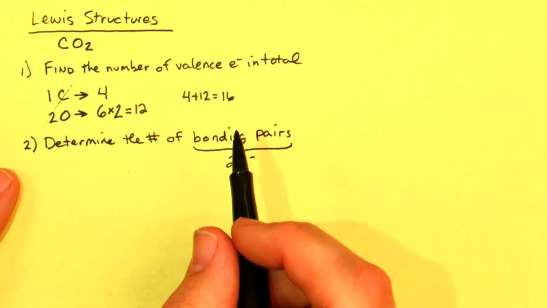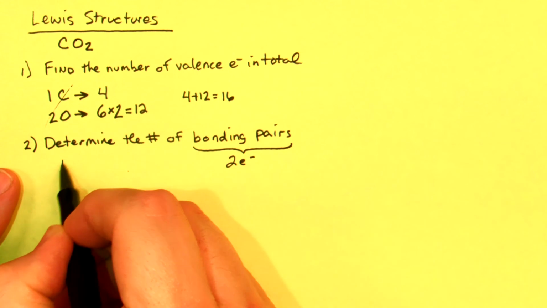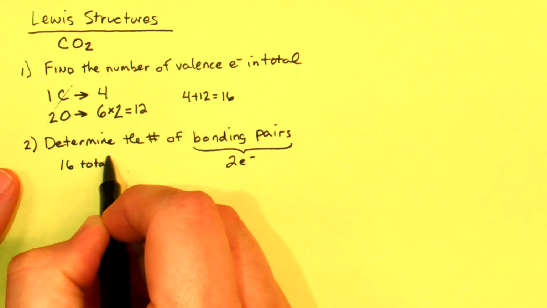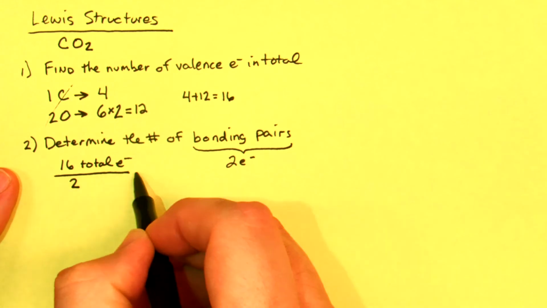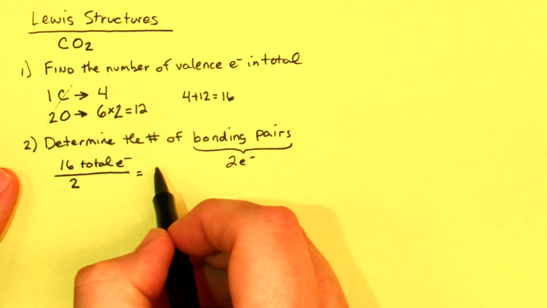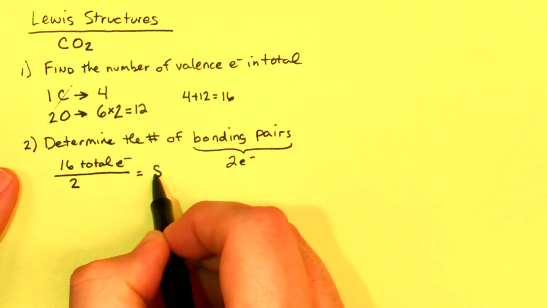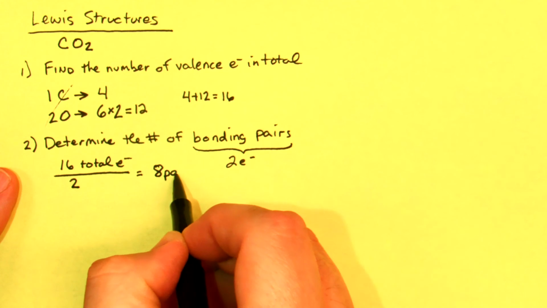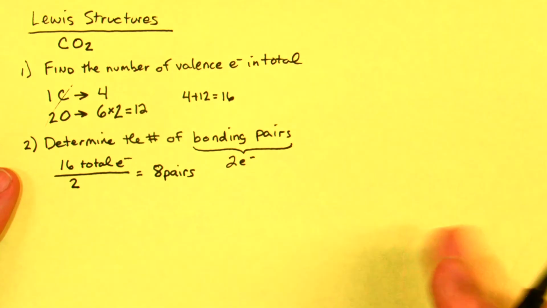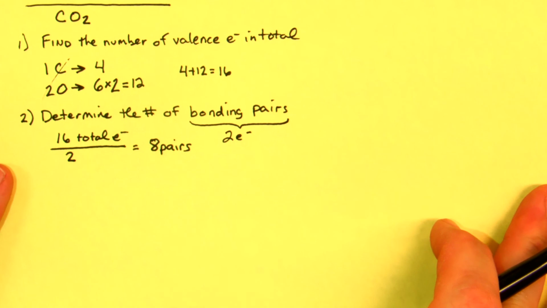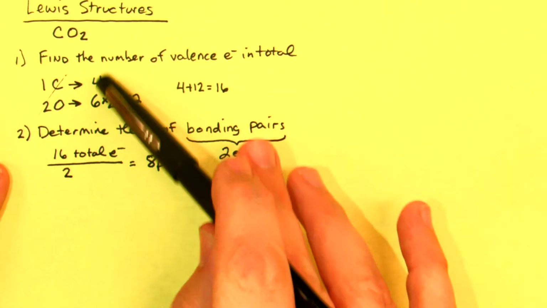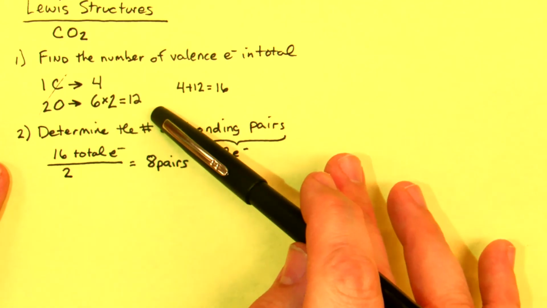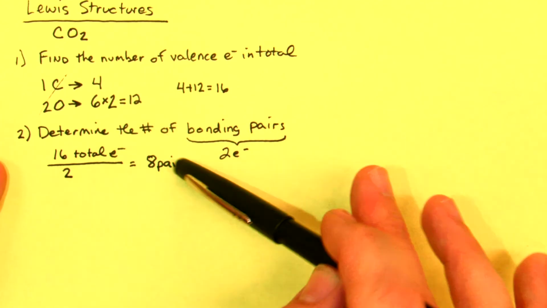So, you take the 16 total electrons, divide it by 2, and that tells you how many pairs do we actually have to bond with. 16 divided by 2 is 8, so we have 8 pairs. So figure out how many total valence electrons you have, then take that number divided by 2, and you have 8 pairs.